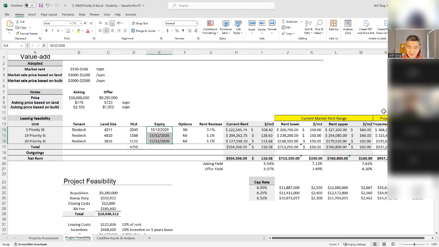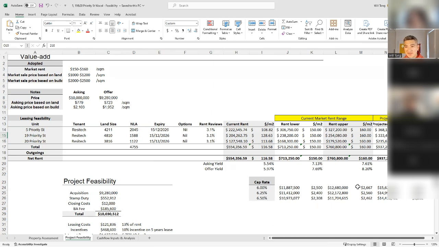So obviously, we read a bunch of reports, and we are predicting that the industrial property market in Brisbane will continue to grow. The rents will probably continue to grow by double digits for the next 3 to 4 years. So conservatively, at the end of 2026, we're expecting rents to be at least $180 to $210 per square meter.